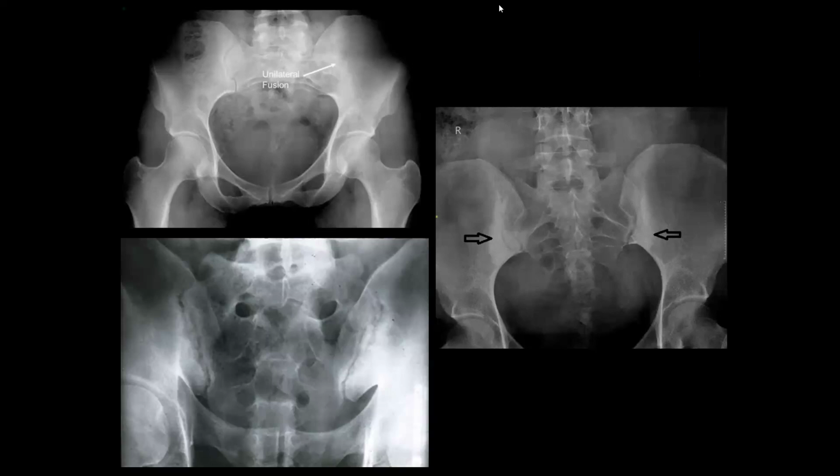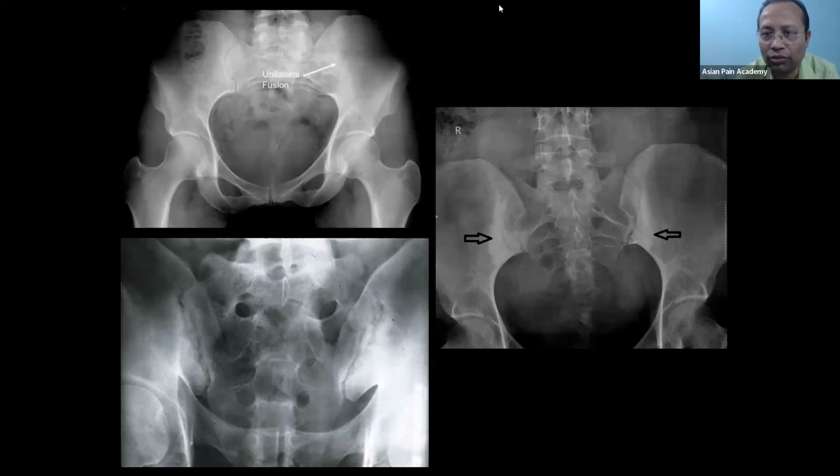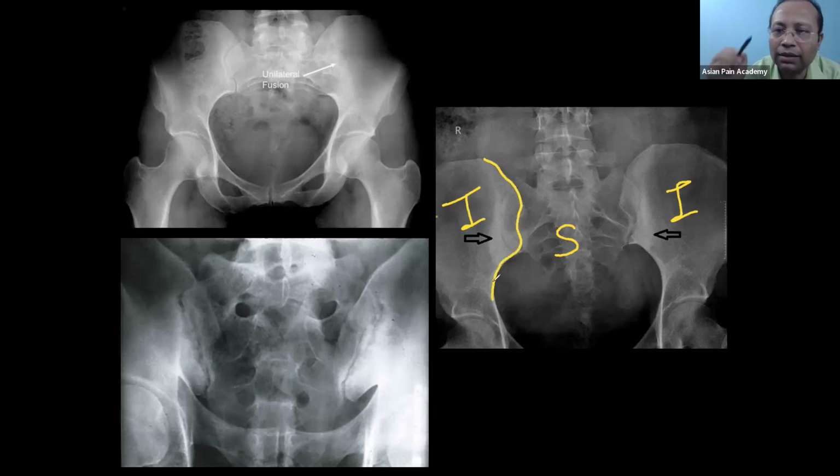Okay. So just now what I showed you, you can try to understand here. This is the sacrum and this is the ilium. You try to understand that the ilium is covering the sacrum from the posterior side.